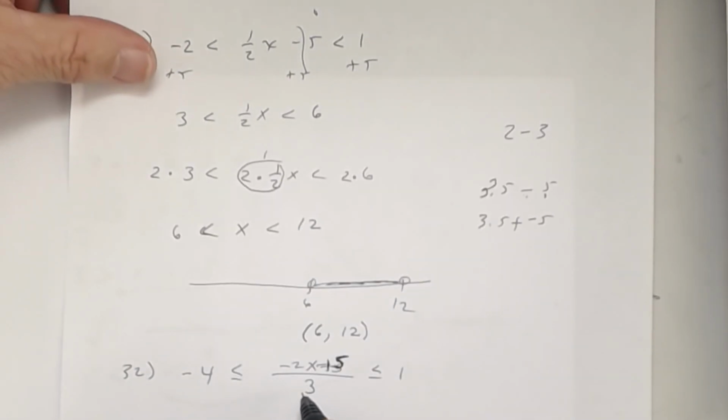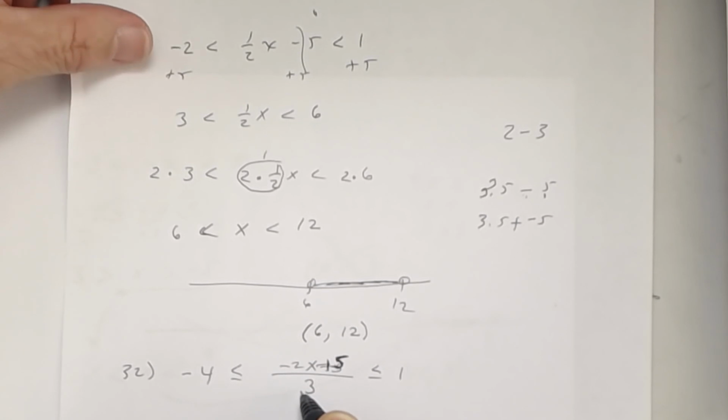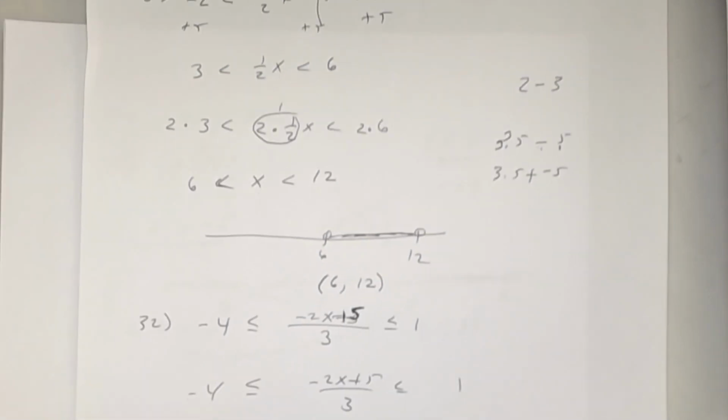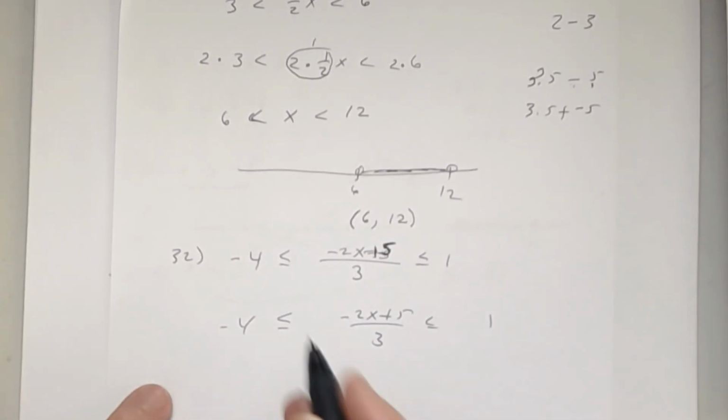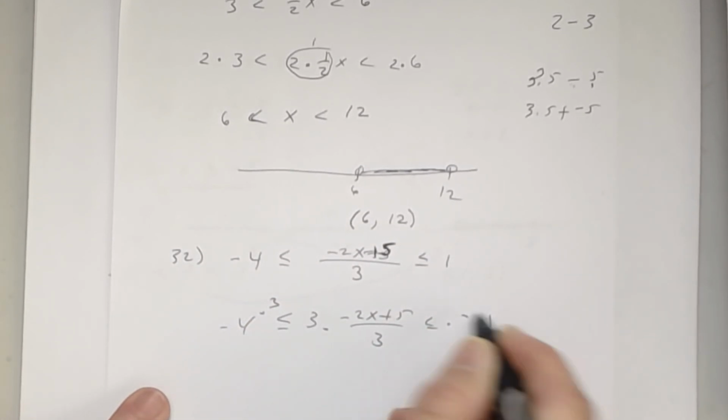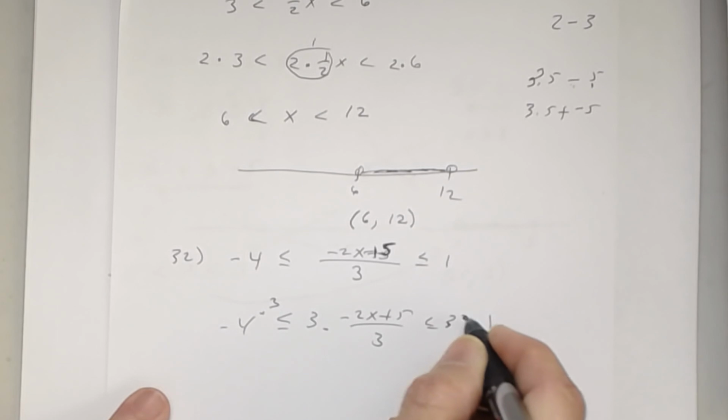The quickest way to do this one, though, is to use the LCD right away. So I'm going to multiply all parts by 3. And notice what happens when I do that. So all I did was just rewrite this over. Times 3, times 3, times 3.